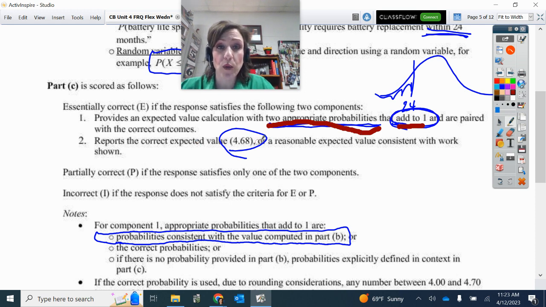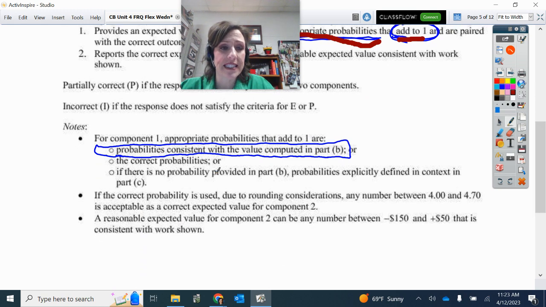Then it comes out with the correct number. You get that full credit. All right. So if it only satisfies one of those, because that's what this says here. The notes is that probability is consistent with the value computed in part B and added to part 1. Therefore, if the correct probability is used, or if that probability from part B is used, you get full credit.